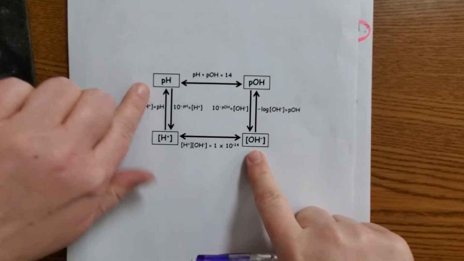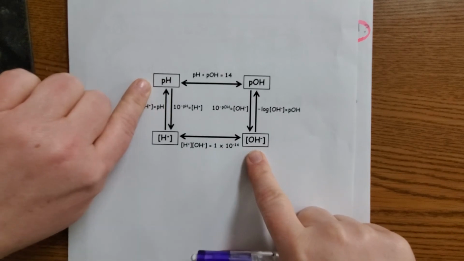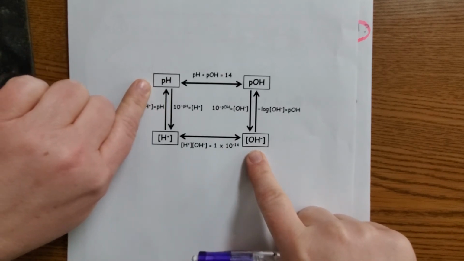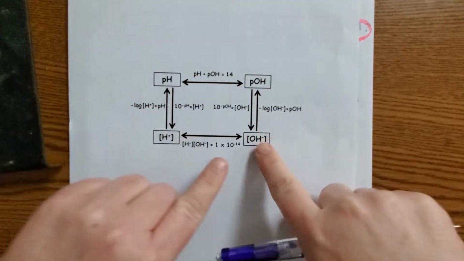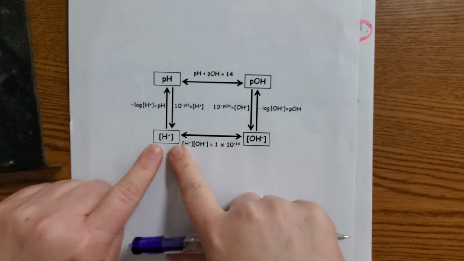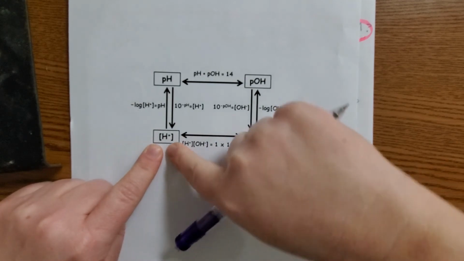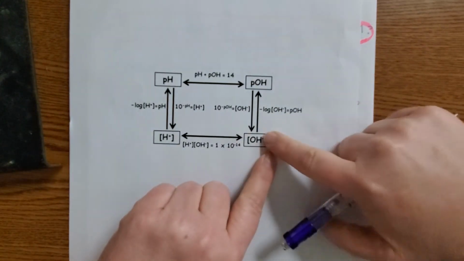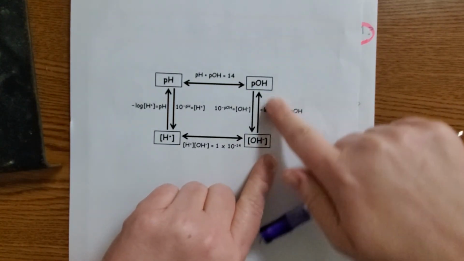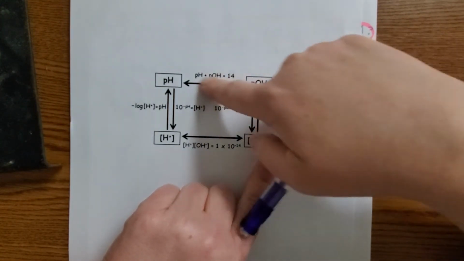It doesn't matter how you get there, but you have to do a two-step conversion. Either first find the hydrogen concentration and then convert that to pH, or go the other way. You might have to find the pOH and then subtract that from 14.